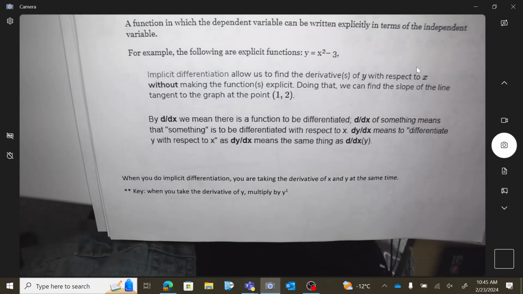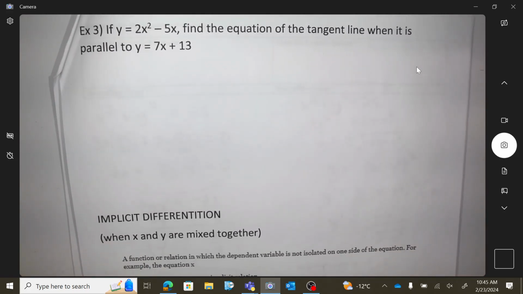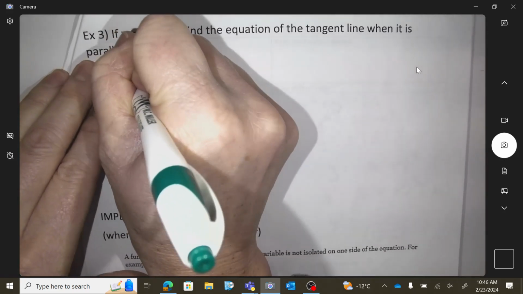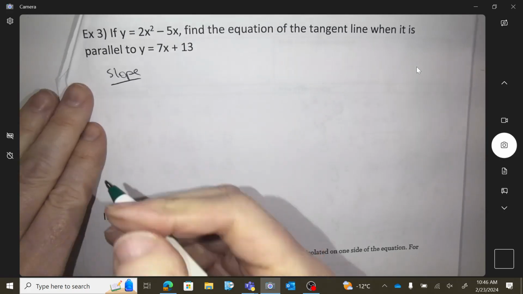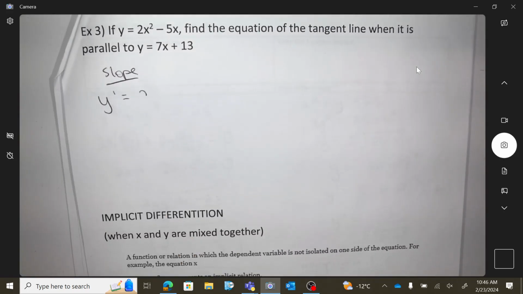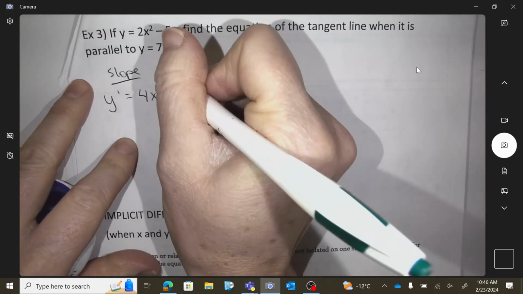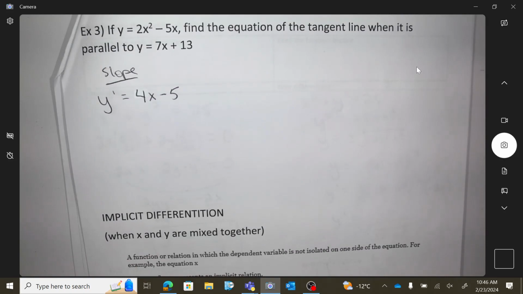Okay, last example, and then we're done with the unit. So figure out the equation of the tangent line when it's parallel to this other line somewhere. Okay, so here's what we're going to start with again. Slope equation. So the derivative is 4x minus 5.